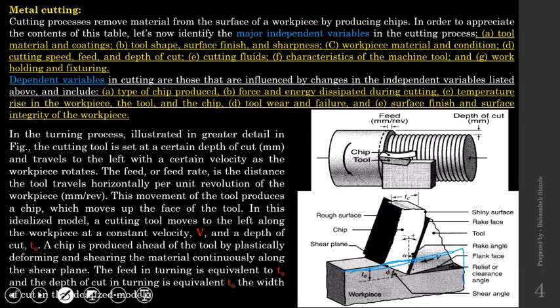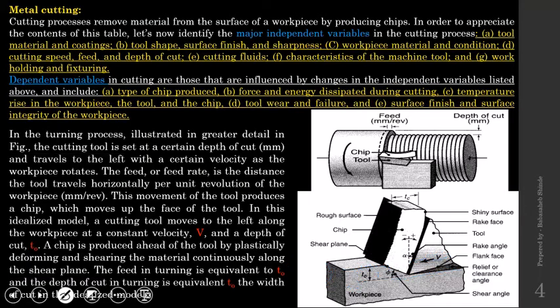Okay, so if we consider the cutting tool over here, this much amount of material is going to be removed in a single pass when the cutting tool moves in this direction. So that dimension is nothing but the depth of cut, or uncut chip thickness, denoted by T0. The amount of material removed in a single pass, the depth of that material, is nothing but the depth of cut, also called uncut chip thickness, denoted by T0.